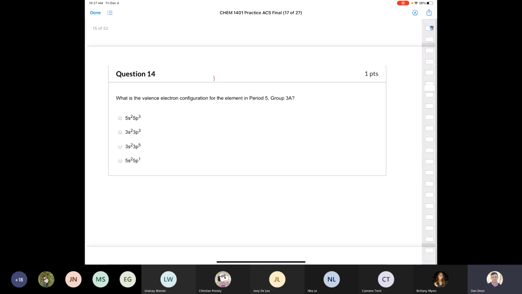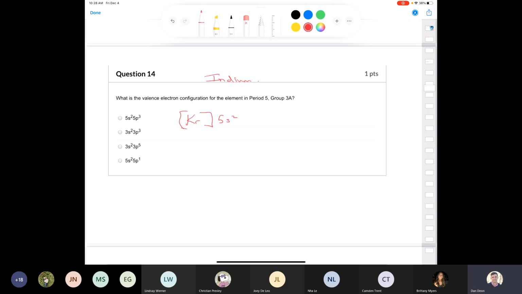So it's asking me for the valence electron configuration. I have krypton, which is the noble gas that precedes indium. Then I'm going to have 5s2, 4d10, and then 5p1.